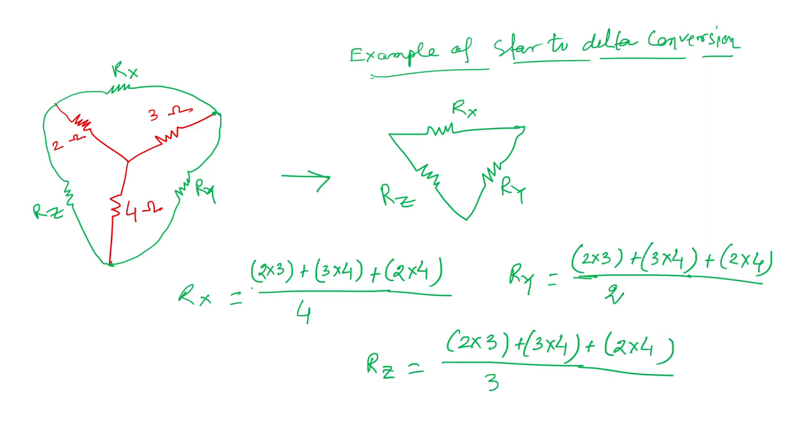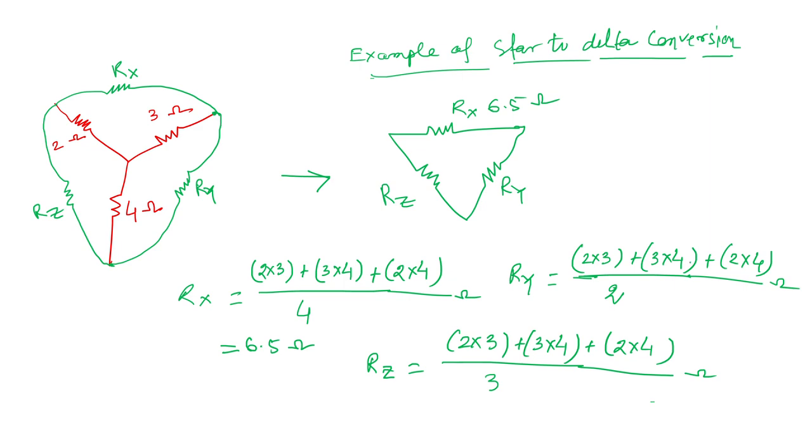Okay, so the unit will be ohm. So you will get this as 6 12 8, 6 12 8, 6 12 8 by 4, you will get 6.5 ohm for this one. Okay, so this one will be 6.5 ohm.